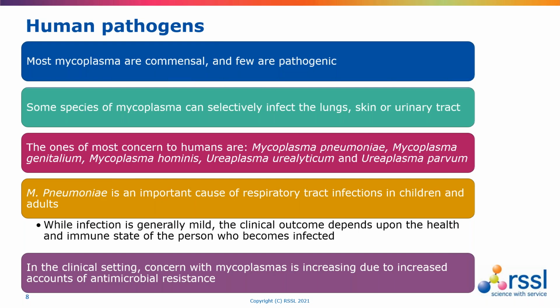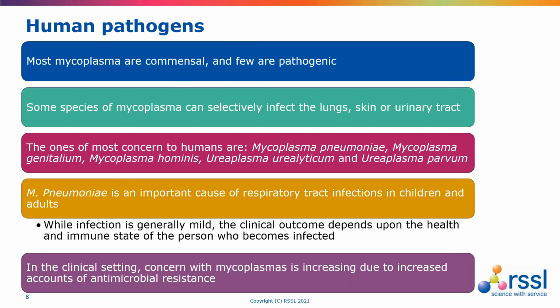And in the clinical setting, particularly in the US, concern with mycoplasmas is increasing. This is due to increased reports of mycoplasmas becoming resistant to those antibiotics that can be used against them.